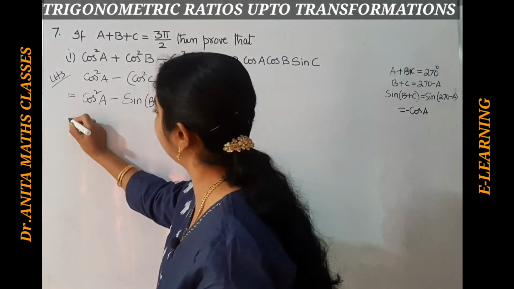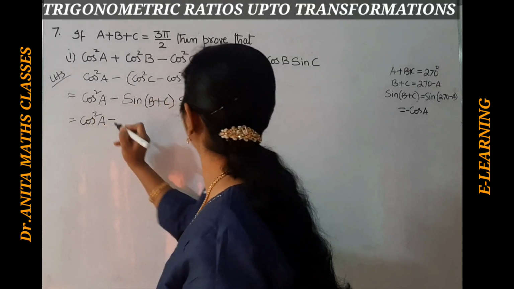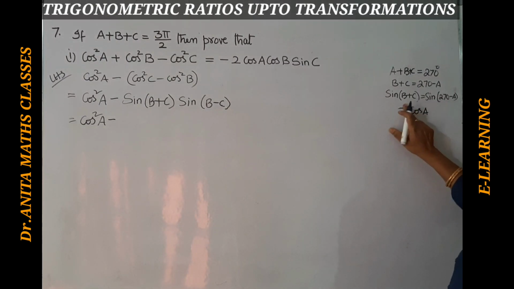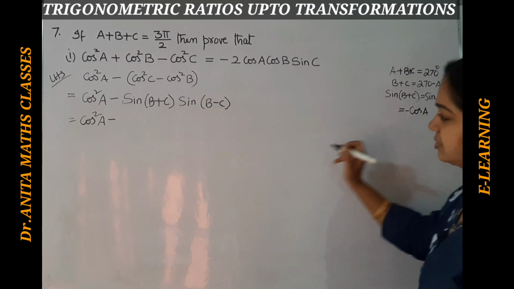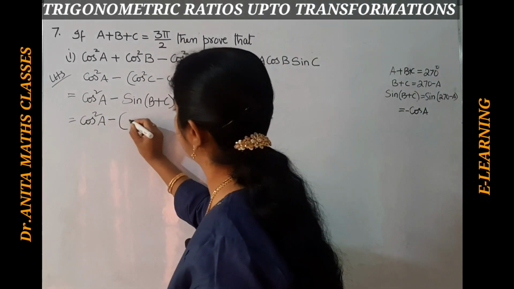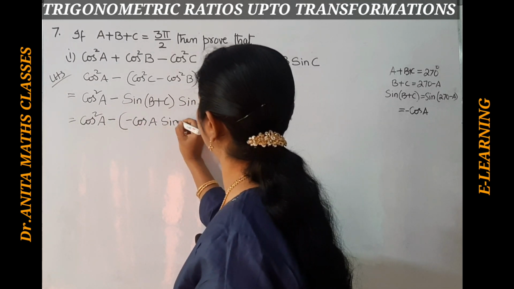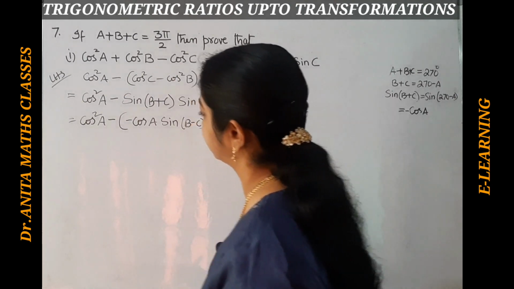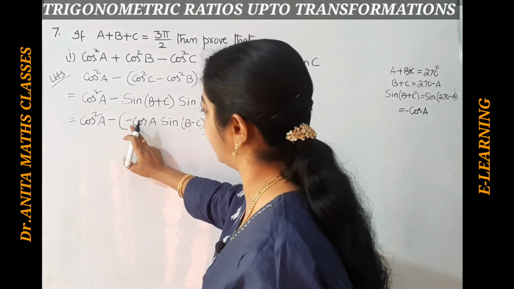So here directly we can write it as cos square a, and 270 minus a we can write as minus cos a. So this becomes minus cos a sine of b minus c. Now minus into minus, you can write it as plus.